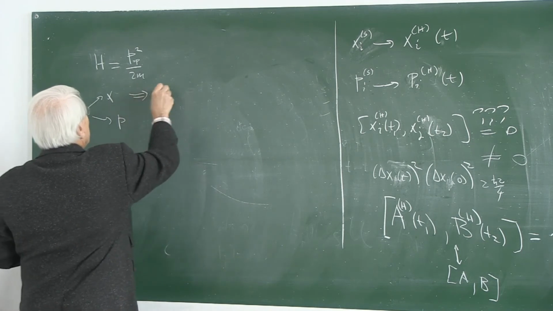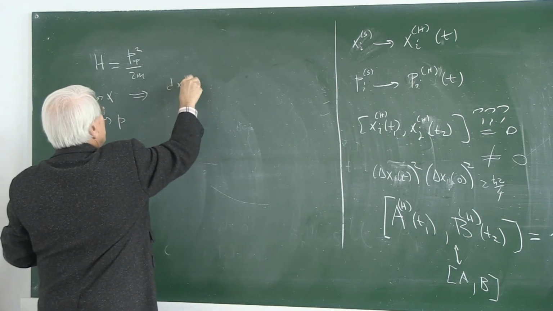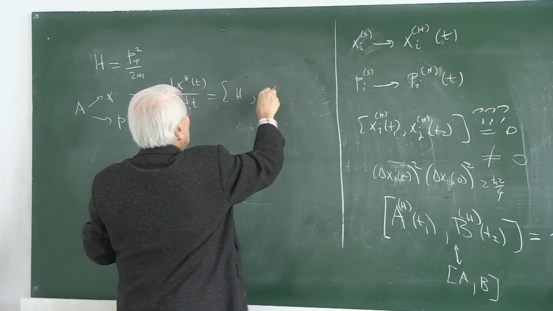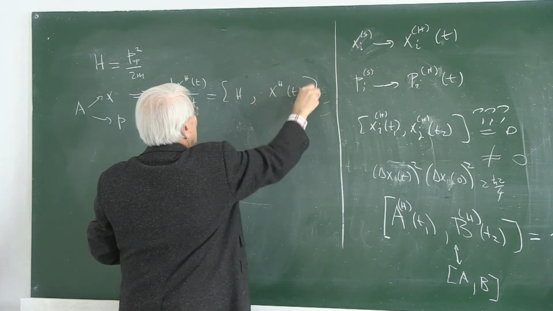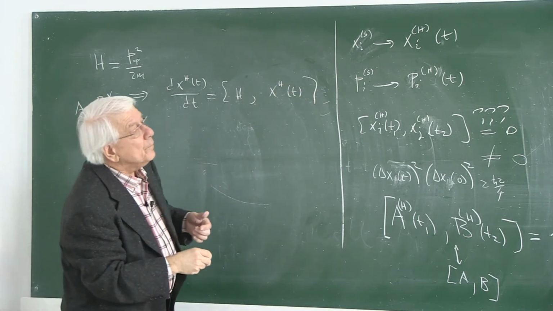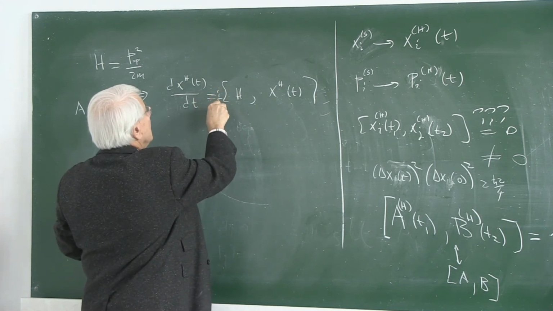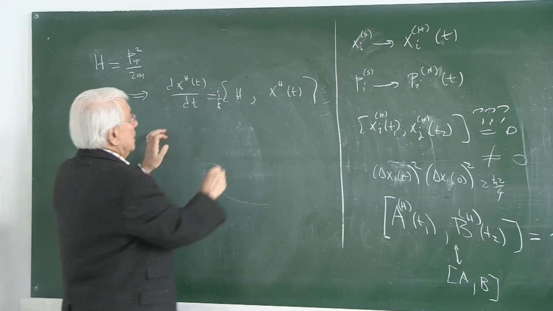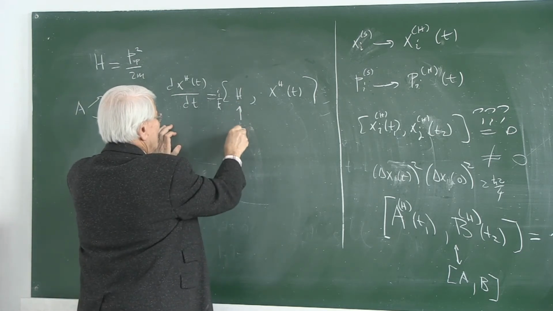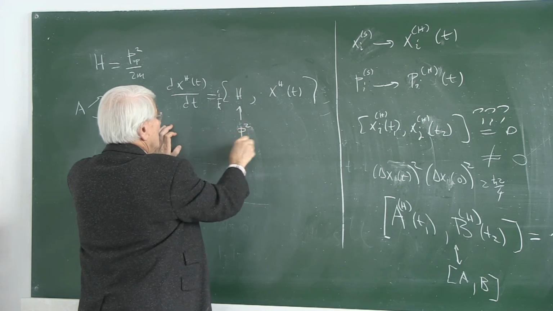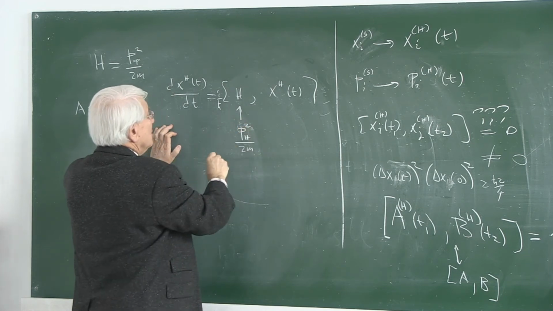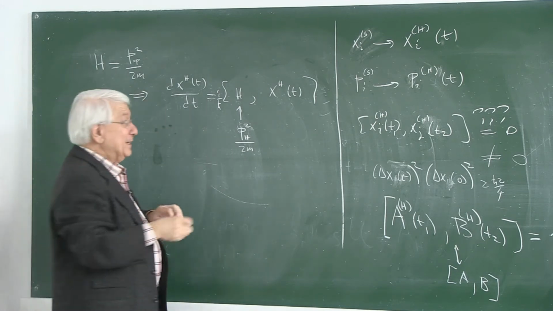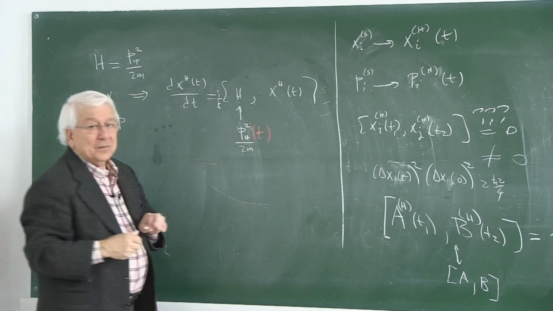So if I take this, dx_H(t)/dt is equal to i over ħ times [H, x_H(t)]. That's the equation of motion I need to solve. Write the Hamiltonian. Then put the time in. I do it in two steps.